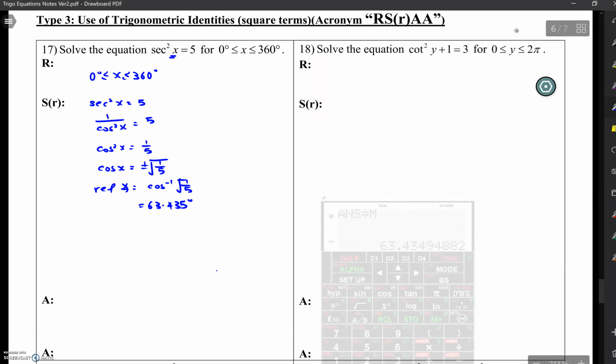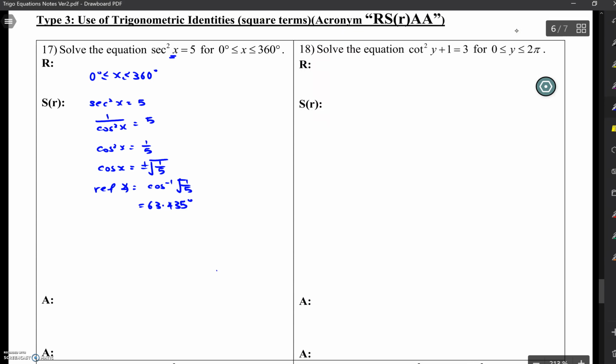Okay, so next step I'll do, of course, I need to determine the range. So again, ASTC. So for ASTC here, for my cosine, I have a plus minus square root value. Means to say, which quadrant gives me positive cosine, and which quadrant gives me negative cosine?